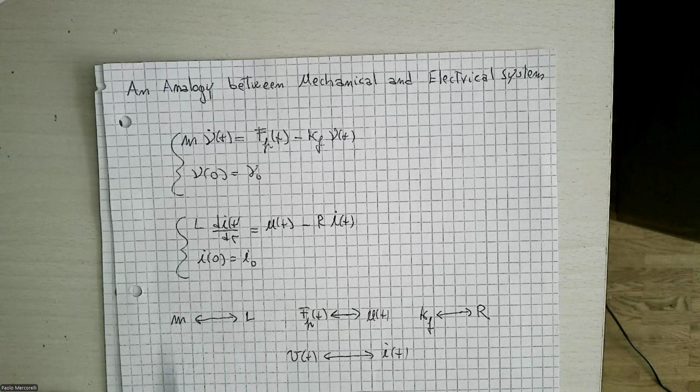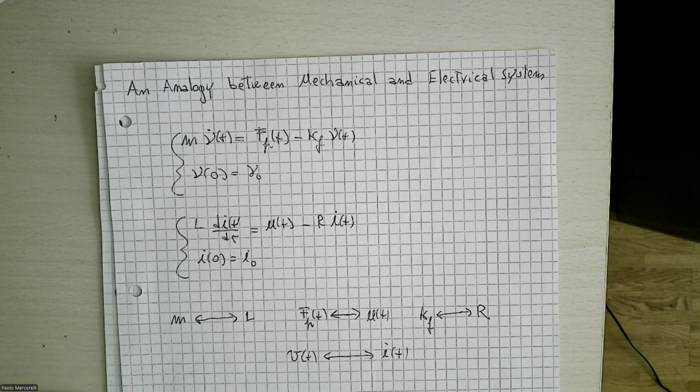Here is more interesting because we have two elements. In both cases, they represent the inertia of the system. I don't know if you remember. M is easy to remember. That's the inertia, the mechanical inertia. L, if you remember electrotechnics, is the electrical inertia with respect to the current. L tries to limit the variation of the current, as M tries to limit the variation of velocity.